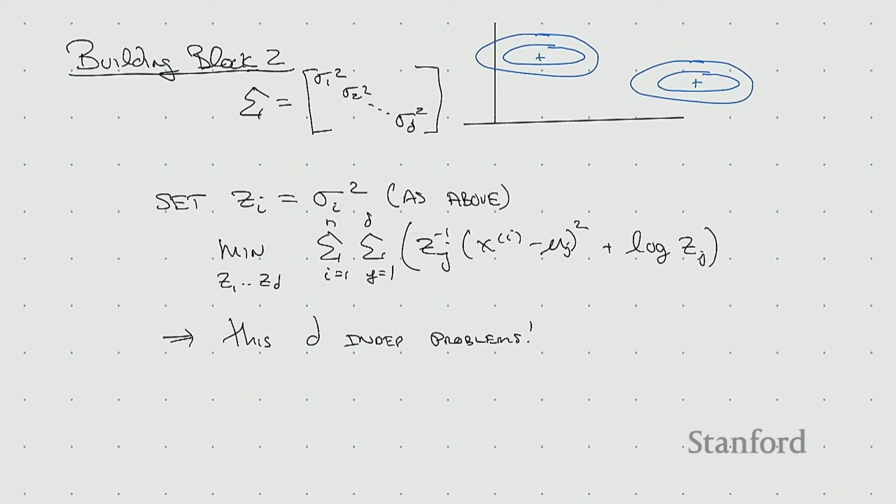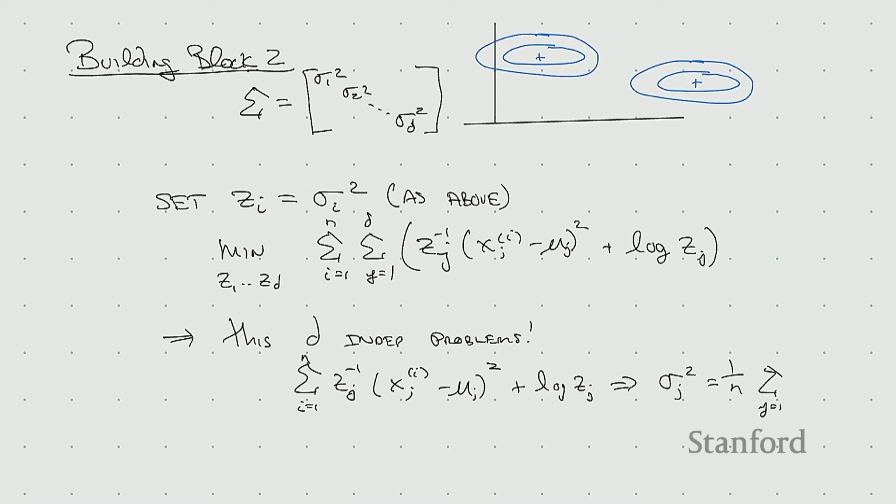So what should we expect? Well, we can go ahead and compute this, but it's going to look like a problem we've solved many times before. Setting the derivative of the j-th term, z_j inverse times the squared deviation plus log z_j, to zero implies sigma_j squared equals 1 over n, the sum over i from 1 to n of (x_ij minus mu_j) squared.